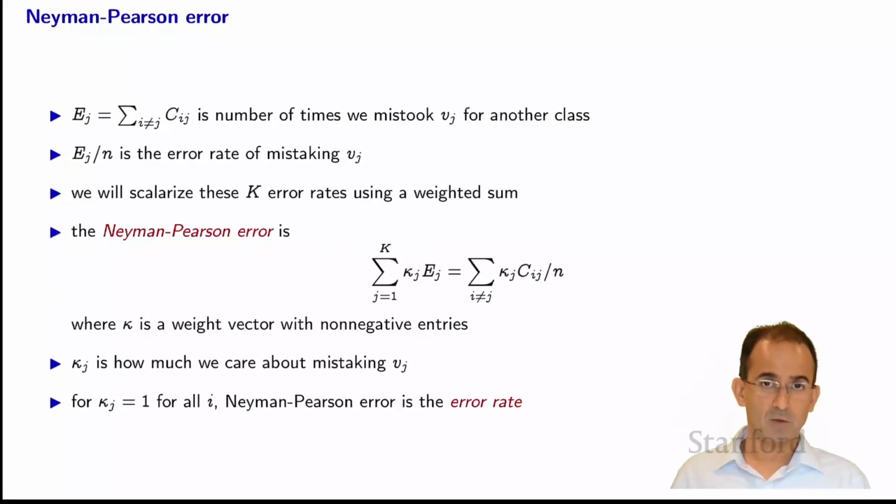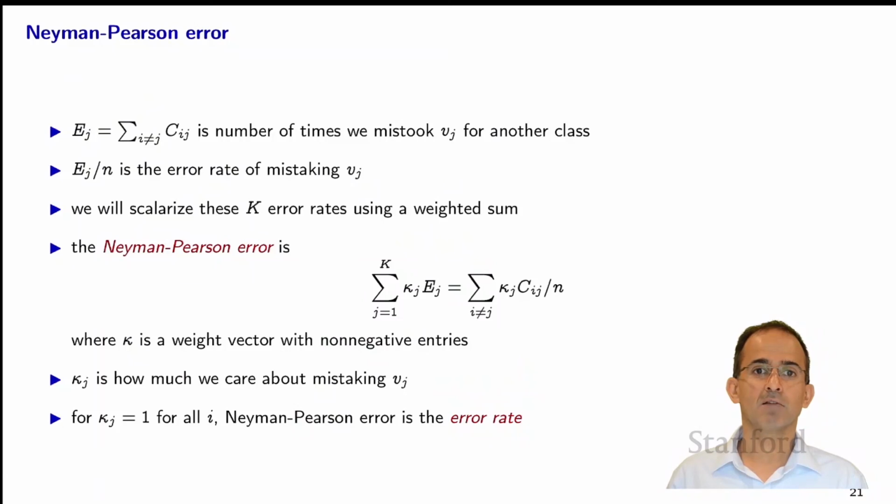And so associated with each column, there's the error rate, which is denoted by E sub j. It's the number of times we mistook vj for some other class. And we could divide by n and get the error rate as well as the error count. And then we take a weighted sum of these three error rates, and that's the Neyman-Pearson error.